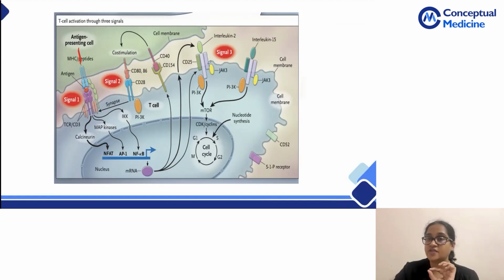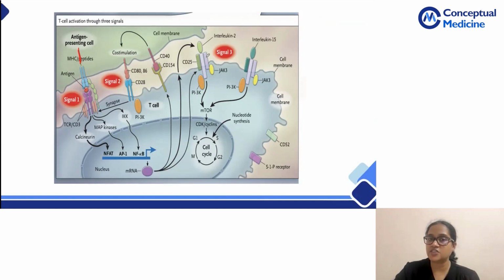CD25 is the receptor for interleukin 2. So interleukin 2 is one of the important T cell cytokines, which is produced only when it's activated. It is activated when there is a foreign antigen and there is a co-stimulatory response. Then the T cell in the nucleus gets activated, produces interleukin 2, and that interleukin 2 receptor is also present only on the T cell.